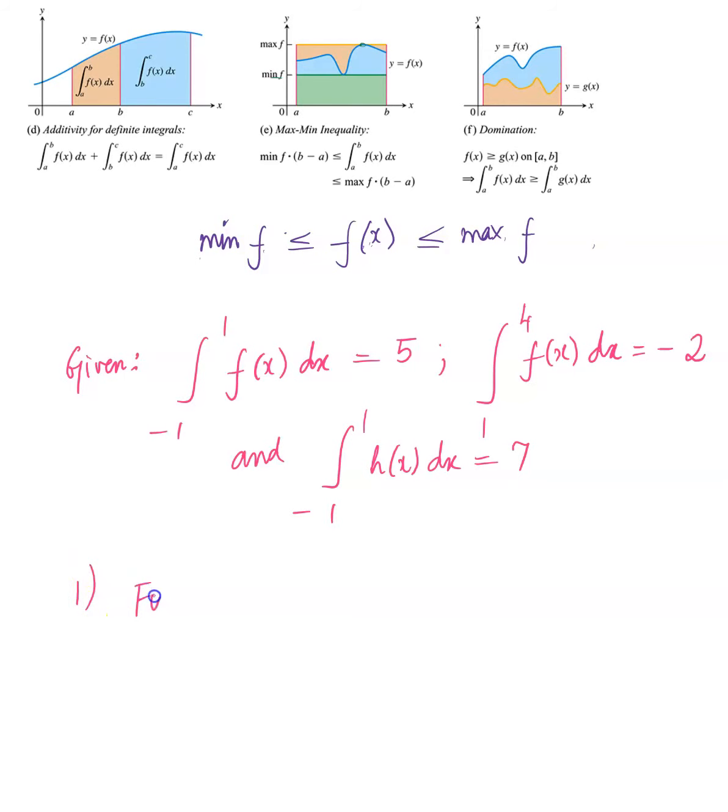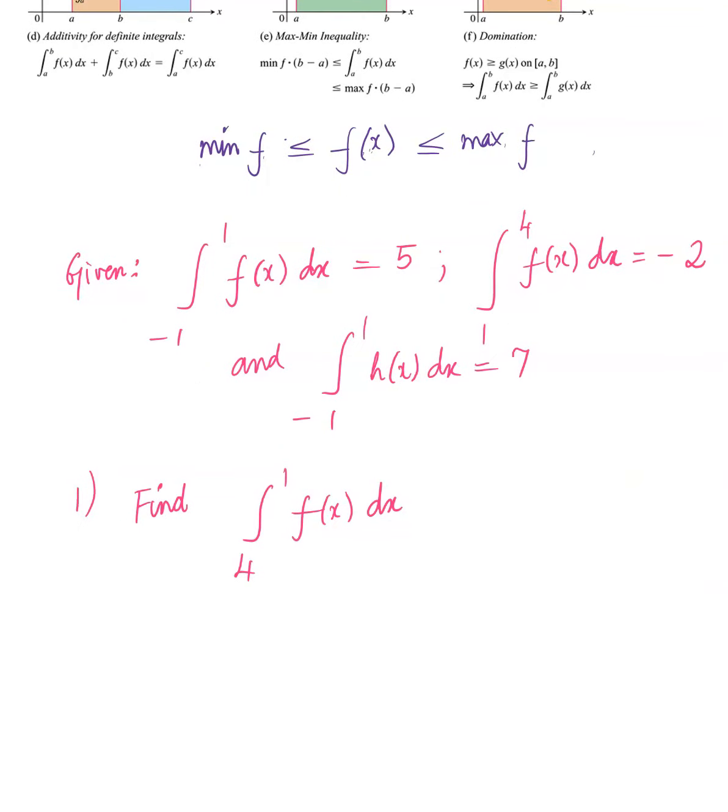It says find the integral from 4 to 1. That sounds a little unorthodox when I say integral 4 to 1. But we do know that integral 4 to 1 of f of x dx is not the right order. So the order of integration should be adjusted with a negative sign. So you go from negative integral 1 to 4 f of x dx.